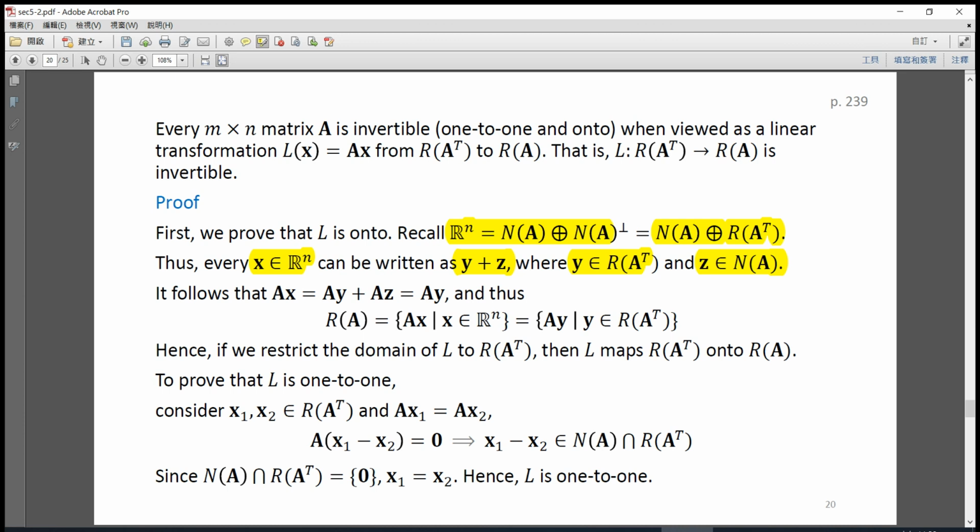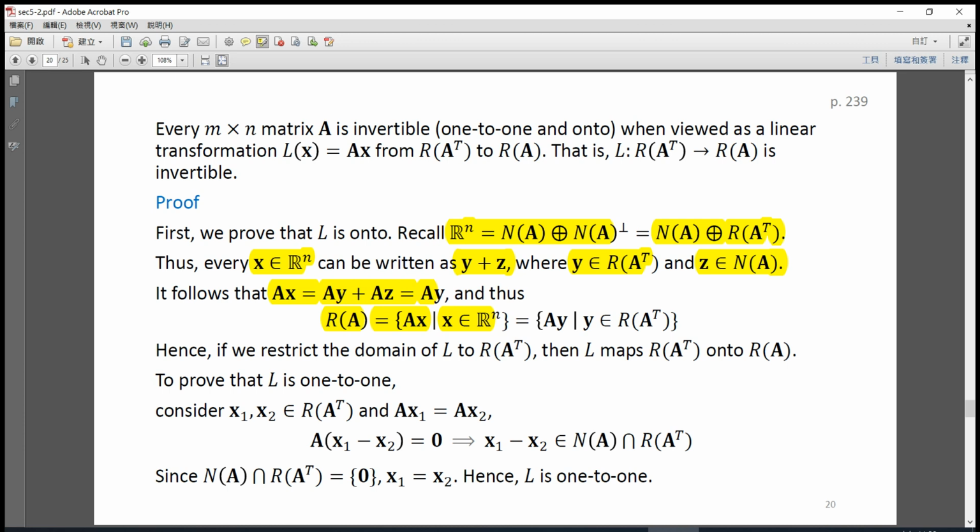Now we compute Ax, which equals Ay plus Az. Because z belongs to the null space of A and Az equals 0, hence Ax equals Ay. And recall that the column space of A is the collection of all linear combinations of column vectors of A, and can be written as the set of Ax, where x is an arbitrary vector in Rn.